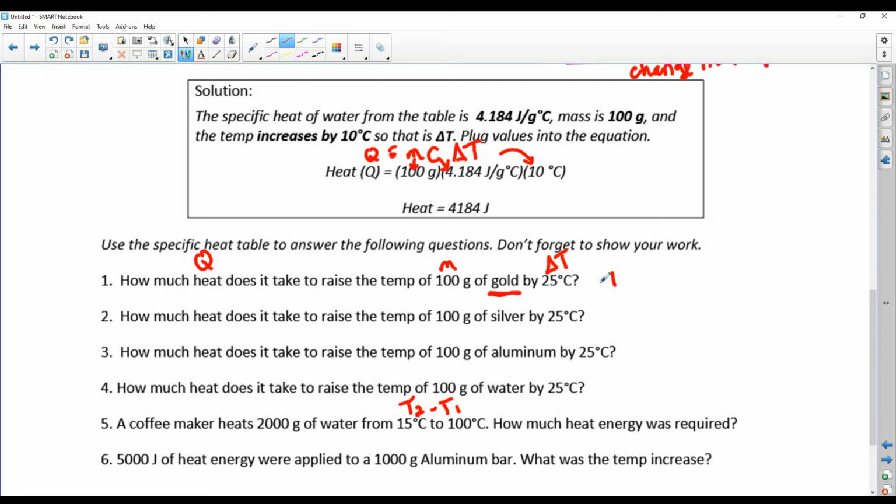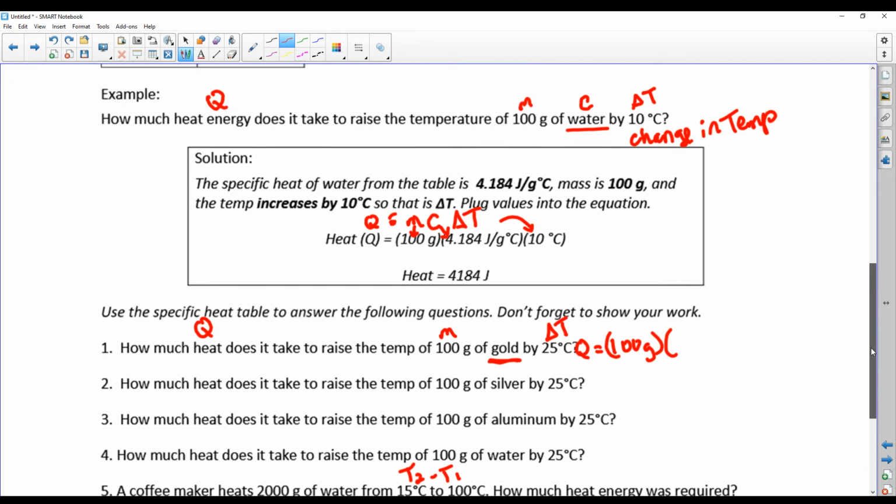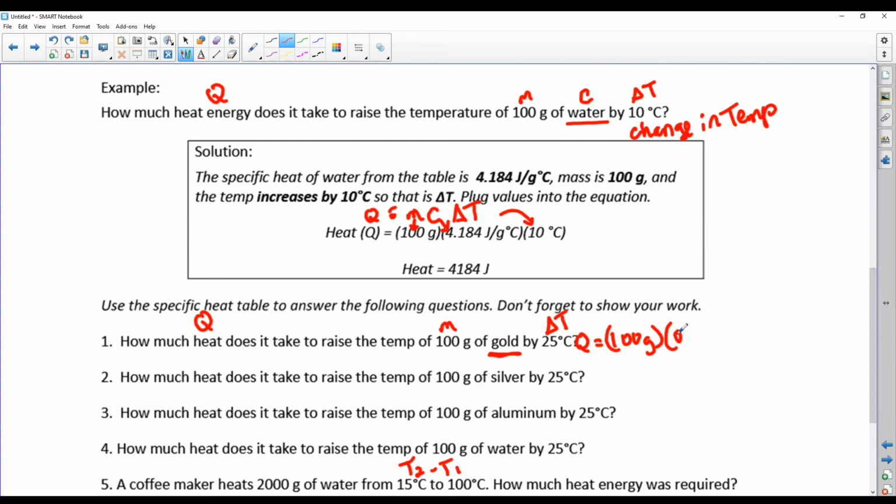So the Q is going to be equal to the mass, 100 grams, times the specific heat. Remember, I'm getting that from up there with the gold. It's 0.129 joules per gram degrees Celsius times the change in temperature, and it increased by 25 degrees Celsius, so 25 degrees C. I multiply through each of those terms, and I get my answer. 100 times 0.129 is 12.9. 12.9 times 25, and I should have worked this out ahead of time, but I didn't, so let me figure that out real quick.